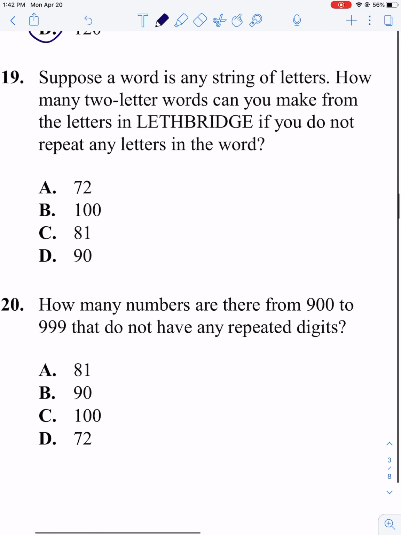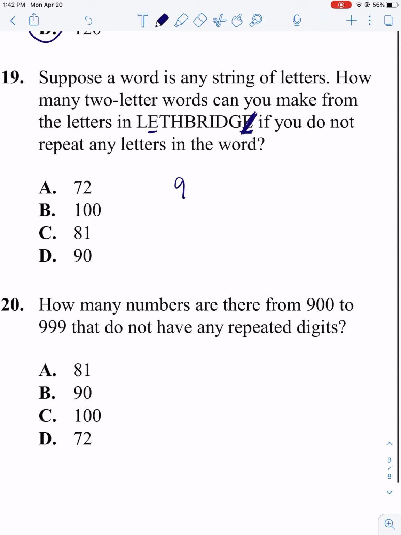Number 19, just a tiny bit different. It says, suppose a word is any string of letters. How many 2-letter words could you make from the letters Lethbridge if you don't want to repeat any letters? So the thing about Lethbridge is it has 2 E's. So if you don't want to repeat any of the letters, you can't choose anything that has EE. So just eliminate it, and instead of having 10 to pick out of, just call it 9.